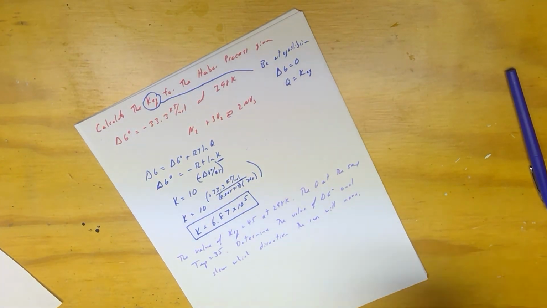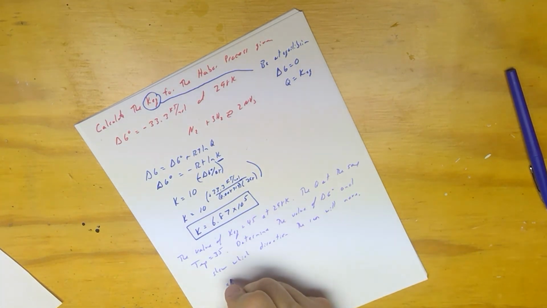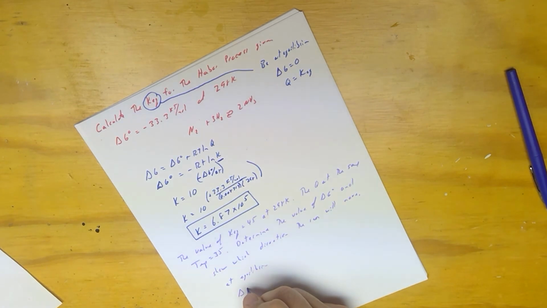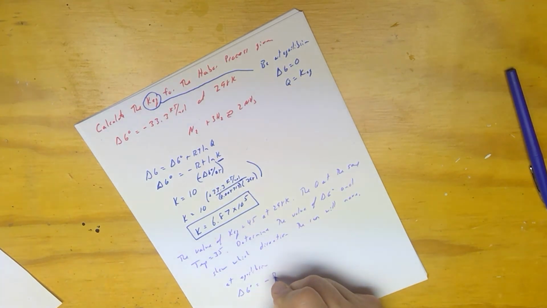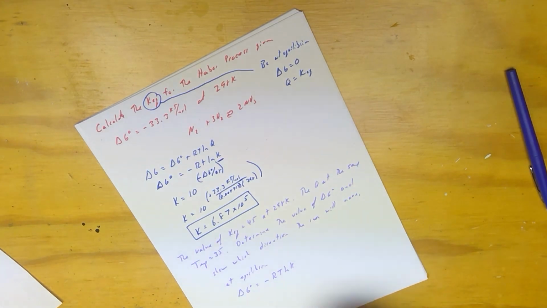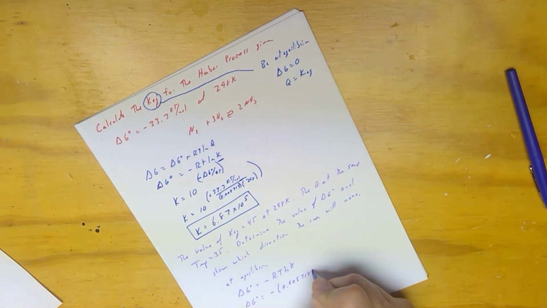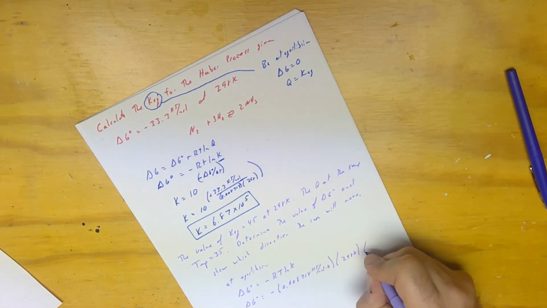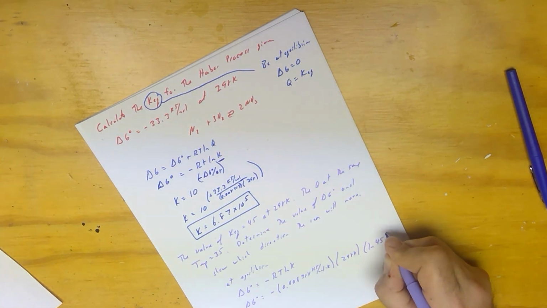Well, we're at equilibrium again. So at equilibrium, we know that delta G naught is equal to negative RT ln K. So our delta G is going to equal negative 0.008314 kilojoules per mole dot K times our temperature of 298 K times ln 45.